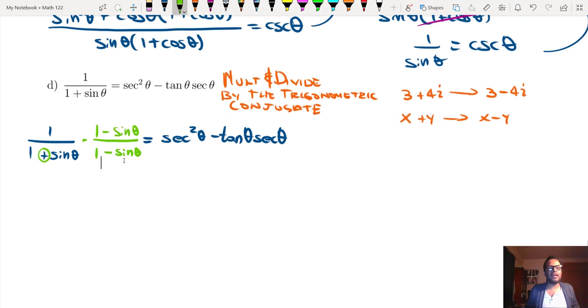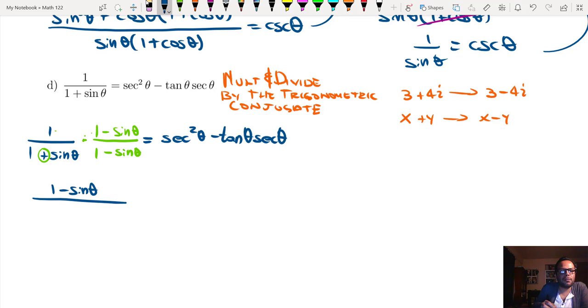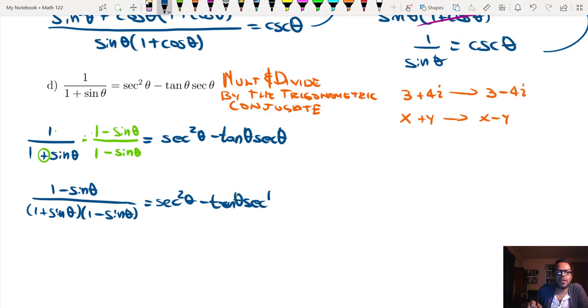Now let's multiply this across. 1 times 1 minus sine theta gives us 1 minus sine theta, divided by the product of these two, 1 plus sine theta times 1 minus sine theta, which equals secant squared theta minus tangent theta secant theta. That's what we're going to get.